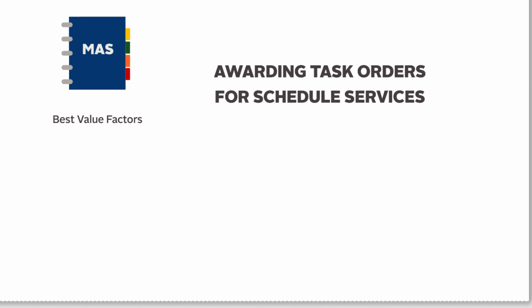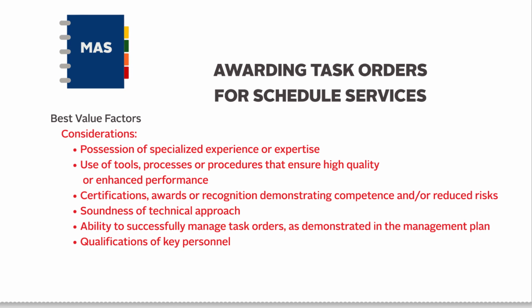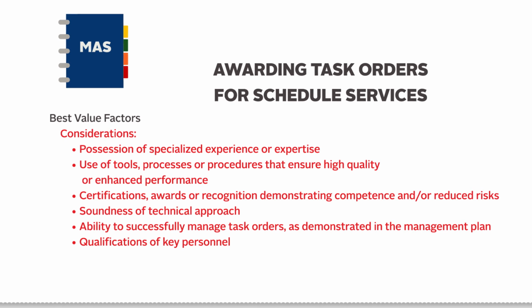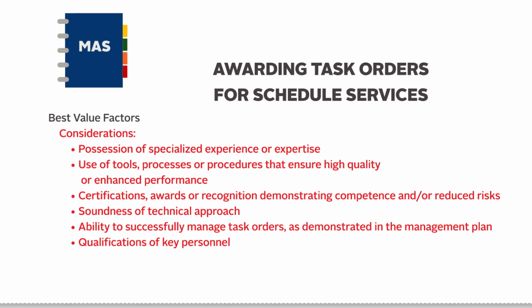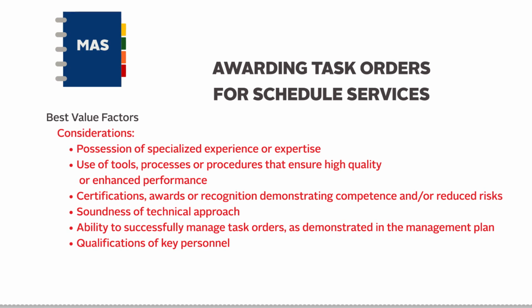Ordering activities have considerable latitude in structuring their procurement. In addition to considering past performance, experience, and price, other best value factors may be considered when selecting schedule contractors to meet service needs.